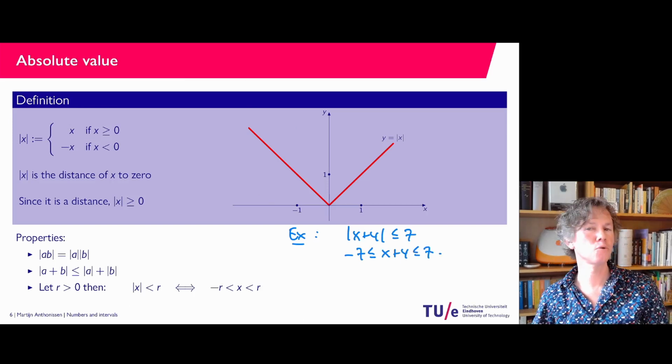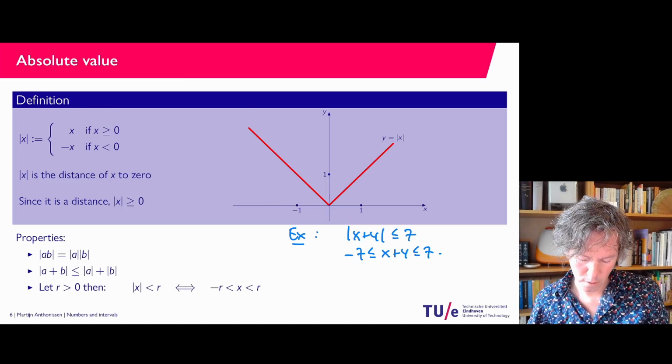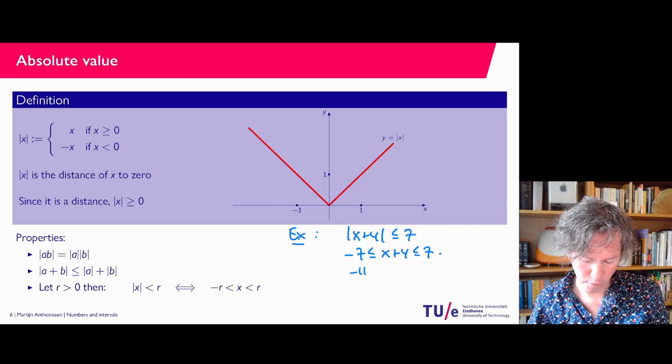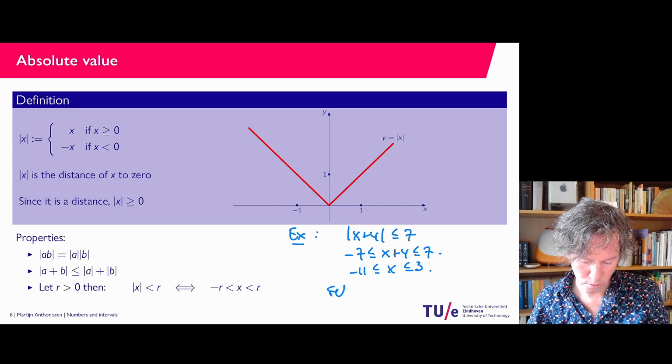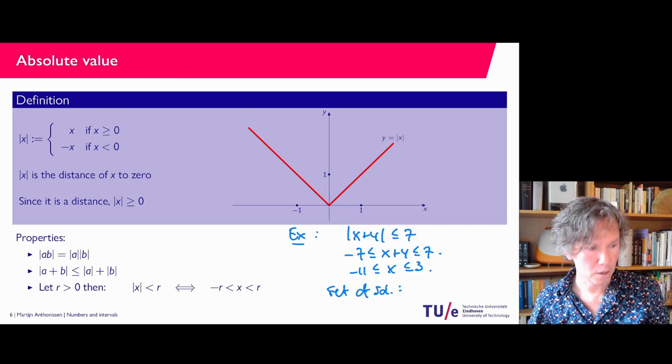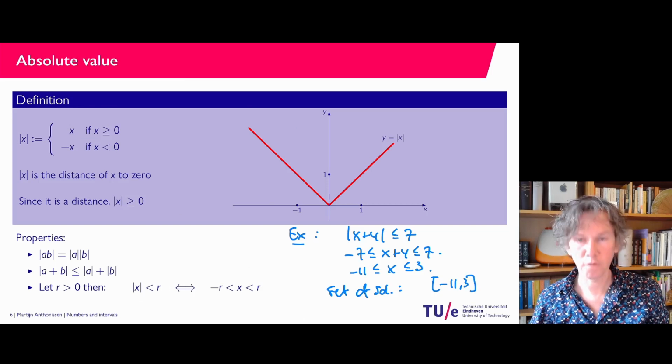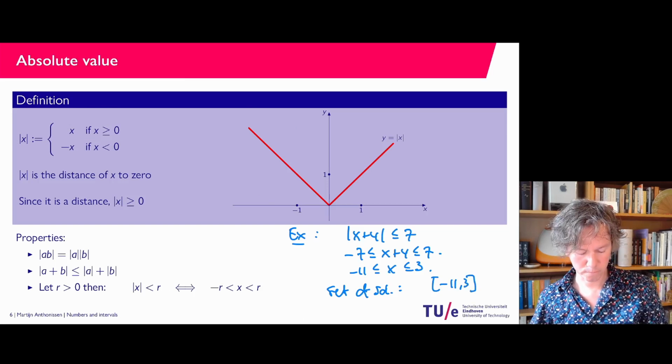And now we're back to what we have already seen before, so we can subtract 4 and we get minus 11 less or equal x less or equal 3. So the set of solutions is the interval from minus 11 up to 3, and both of the endpoints are included.